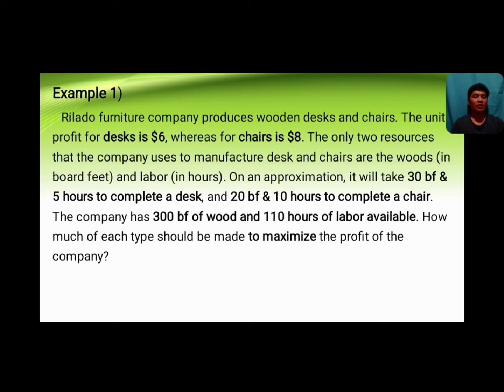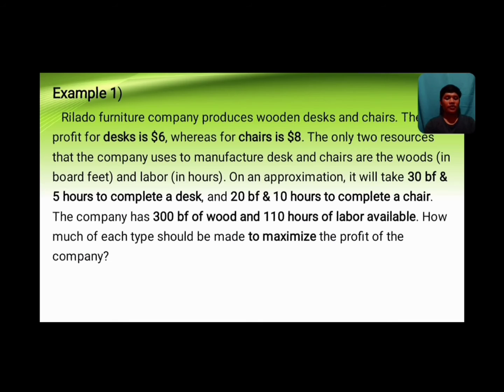On an approximation, it will take 30 board feet and 5 hours to complete a desk, and 20 board feet and 10 hours to complete a chair. The company has 300 board feet of wood and 110 hours of labor available. How much of each type should be made to maximize the profit of the company?